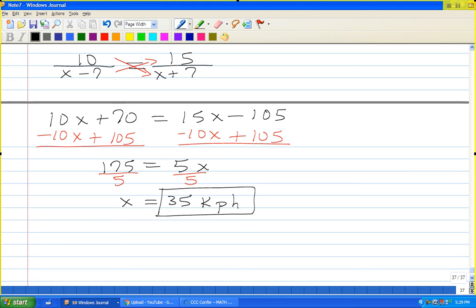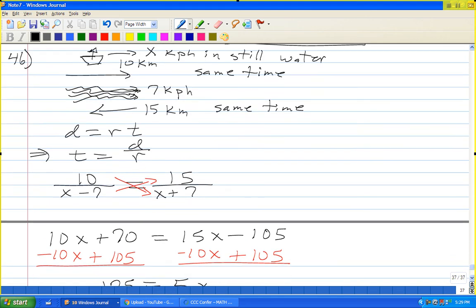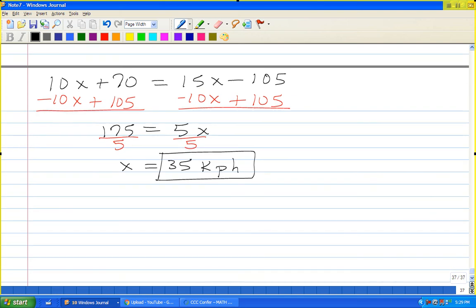Let me do problem number 47. Jim can run 5 miles per hour on level ground on a still day. Okay. So you have someone can run 5 miles per hour.